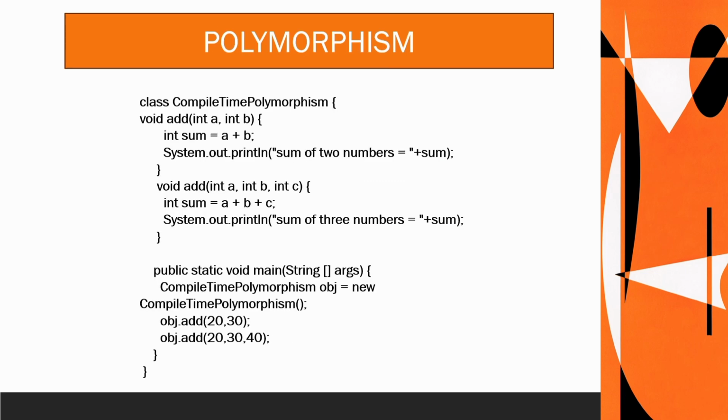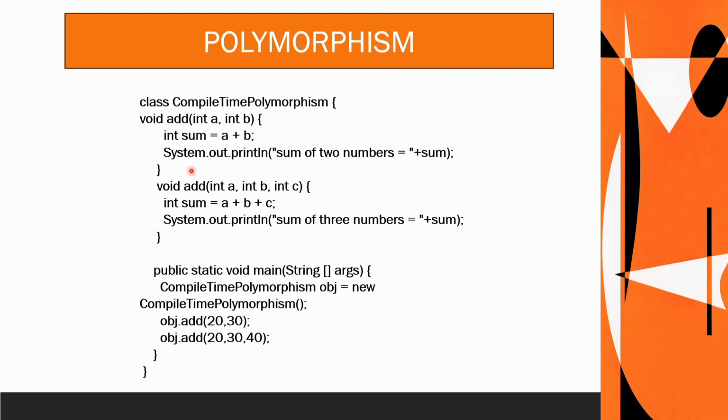Next we are going to see polymorphism. Poly means many, morphism means form, many forms. Here I'm having one class, and inside the class I'm having functions, which are methods. I'm having two methods, both named add, but the parameters are different. Here I'm having int a and int b, here I'm having int a, int b and int c.